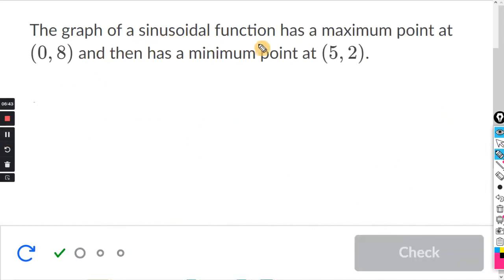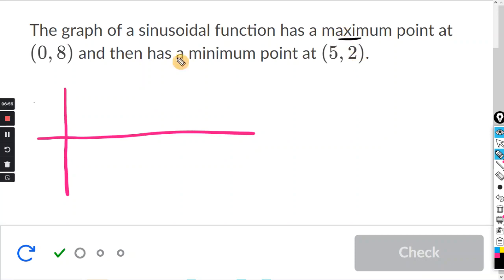All right, the graph of a sinusoidal function, maximum 0,8, minimum 5,2. Let's sketch it. All right, so the max is at 0,8. And the minimum is at 5,2.